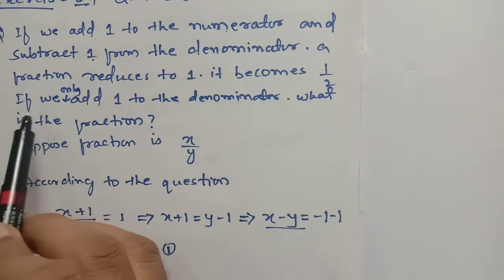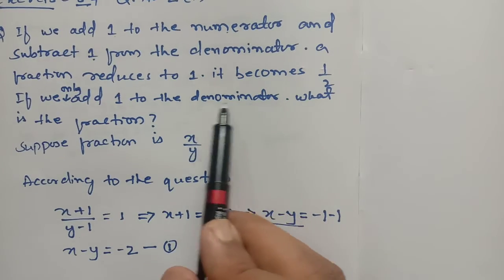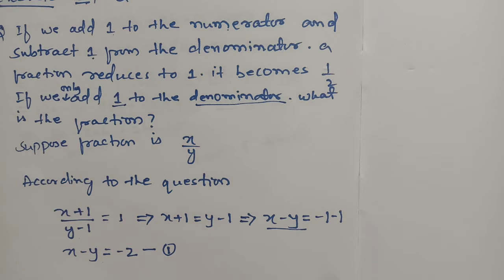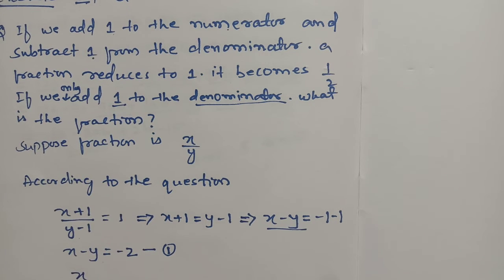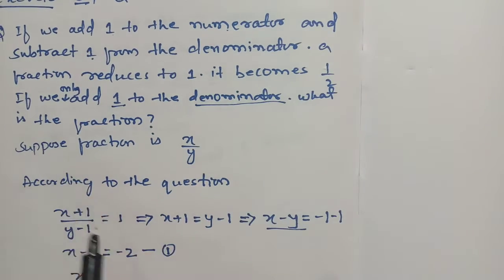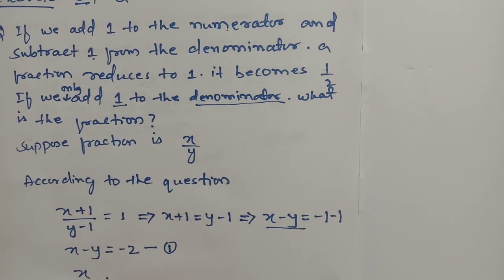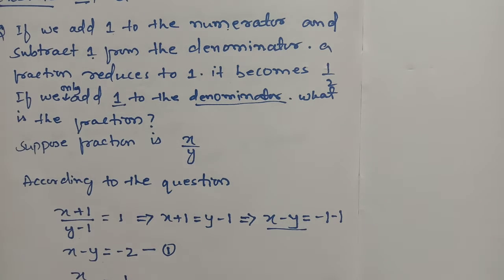When it is happening, it is given if we only add 1 to the denominator. It means the numerator is as it is, x is as it is, divided by, only add 1 to the denominator, y plus 1 is equal to 1 divided by 2.